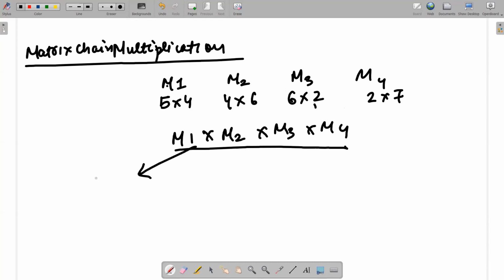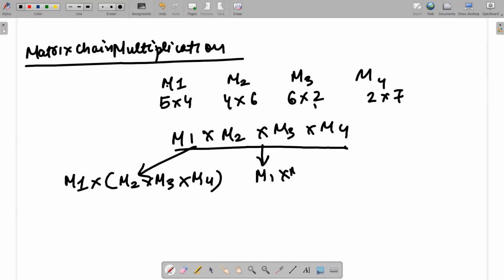We can multiply M1 with the answer of M2, M3, and M4. This is one possibility. The second possibility is that I can multiply M1 and M2, and their result is multiplied with the result of M3 and M4. This is also one possibility.